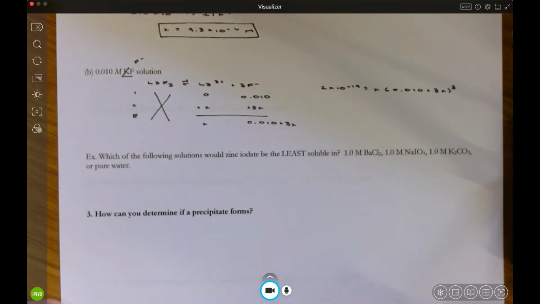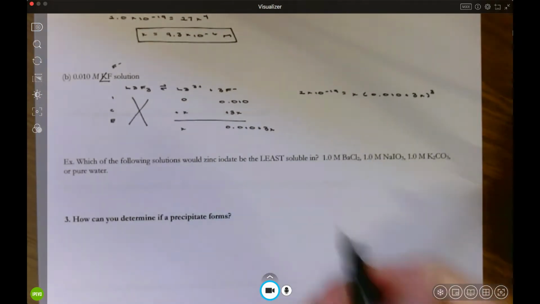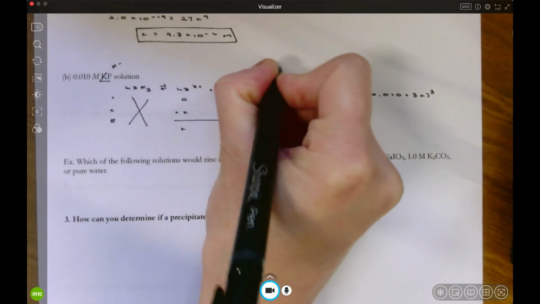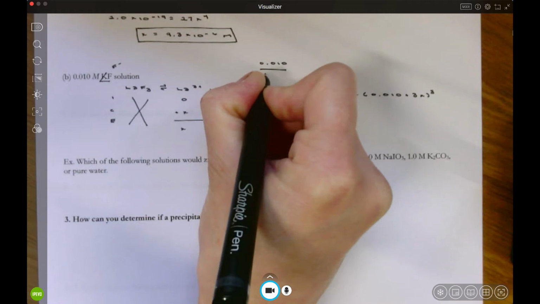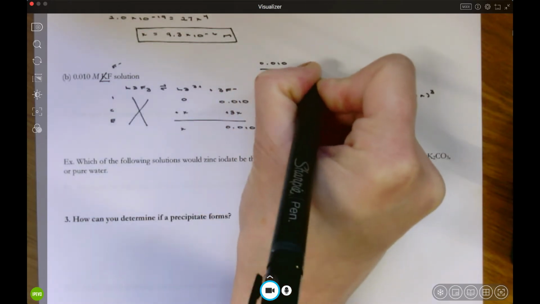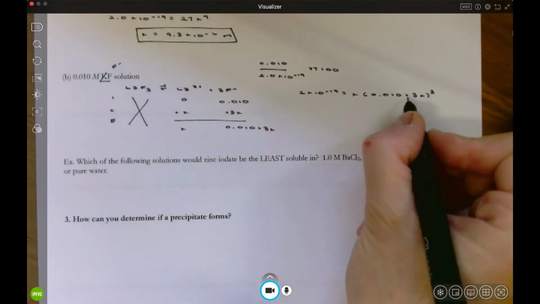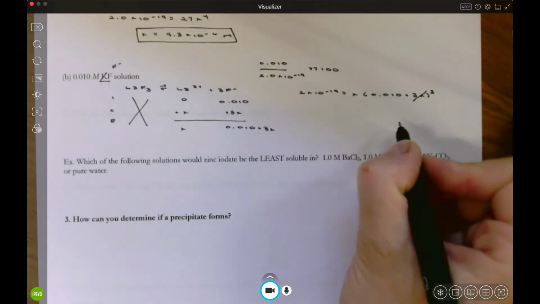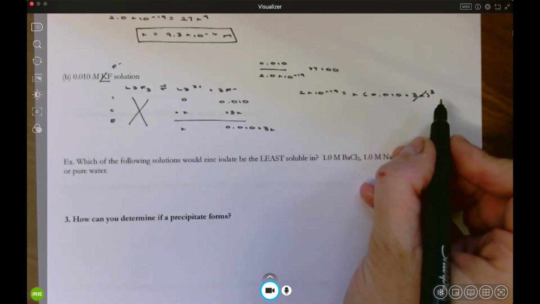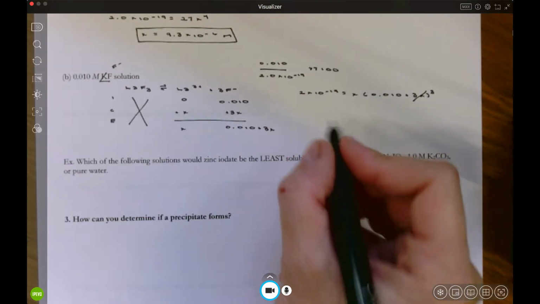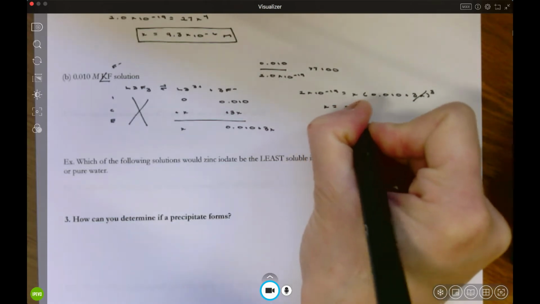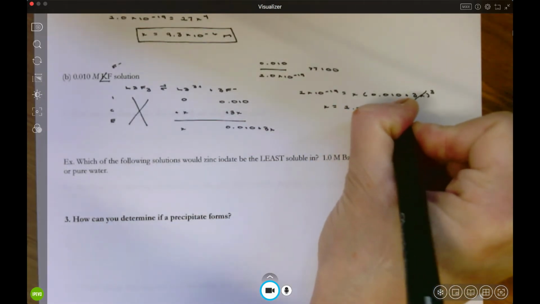Now, the awesome thing as far as solving for X is concerned is that because the initial concentration, 0.010, divided by my KSP, which is 2 times 10 to the negative 19th, is definitely bigger than 100, I can get rid of any plus or minus X. So all I have to do now is take 0.01, cube it, and then divide 2 times 10 to the negative 19th by that value. And so the X value that I get now is 2.0 times 10 to the negative 13th molar.